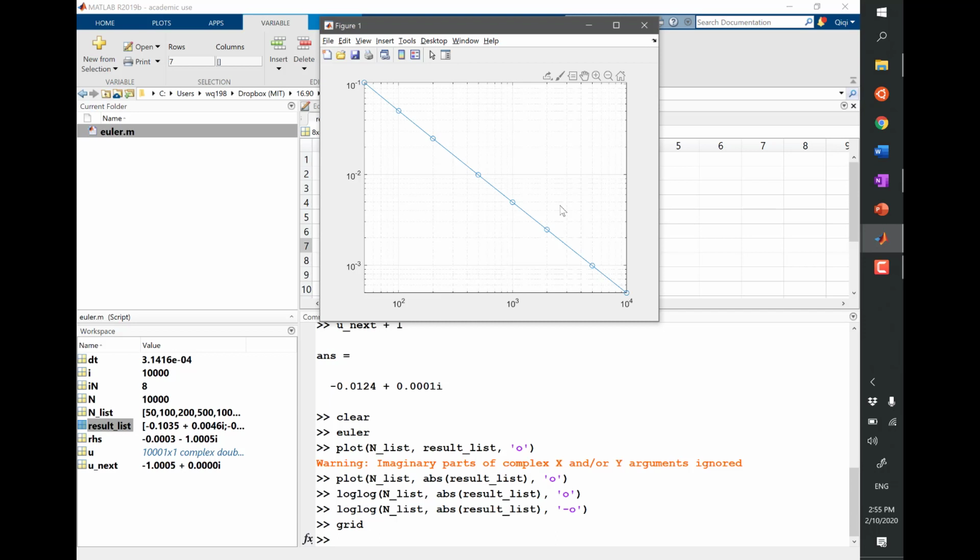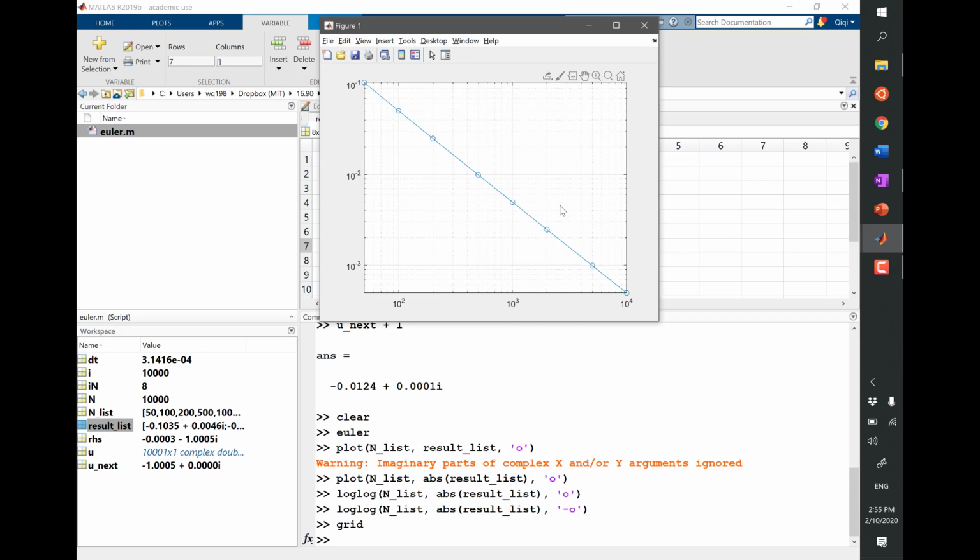So now the question becomes, this is an experimentally observed behavior, right? Is there a way to figure out ahead of time how the error of the forward Euler would decrease as I increase my n? Is this behavior only true when I'm integrating this particular equation, trying to prove Euler's formula?